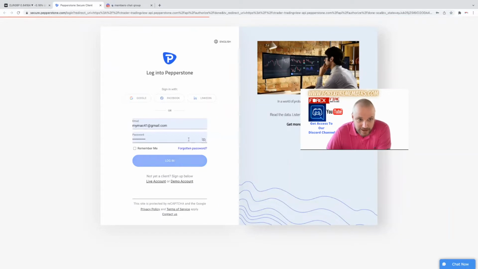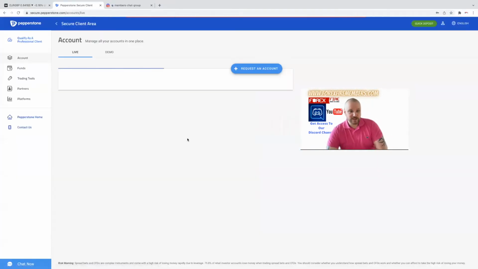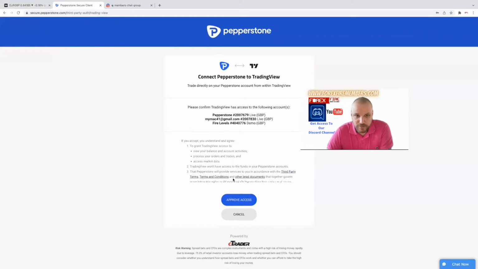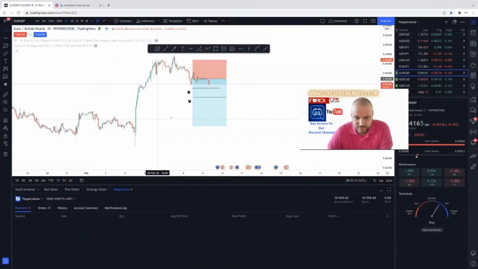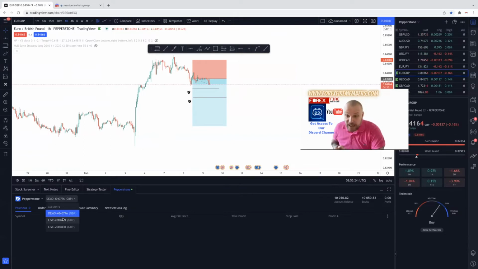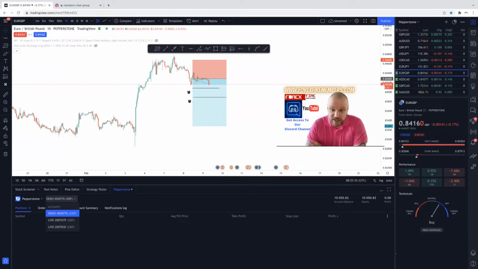I logged into my account this way, and then, let's take a look, approve access. Then it brings it up and gives you the options to go on your live account or a demo account. Now, if you set up a new account each time on Pepperstone, it won't automatically show on this. So I'll stress that again before we get into the trading: when you set up a new trading account via Pepperstone, you want to trade via TradingView.